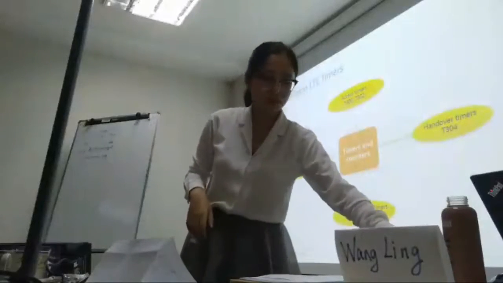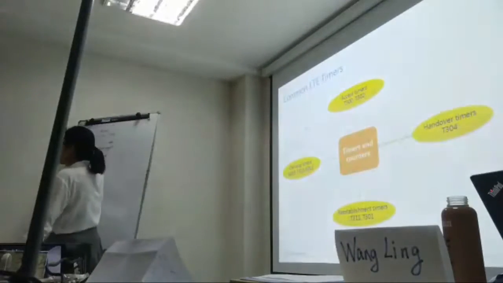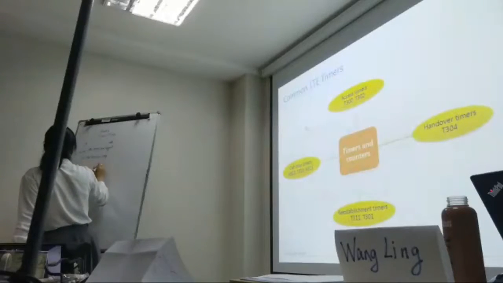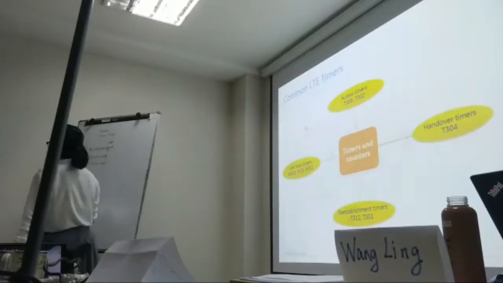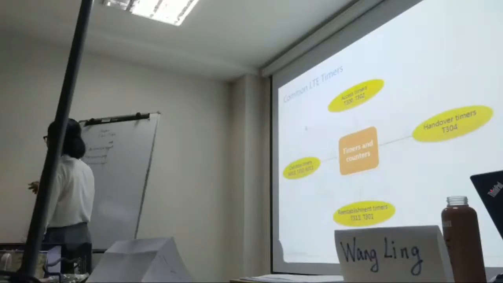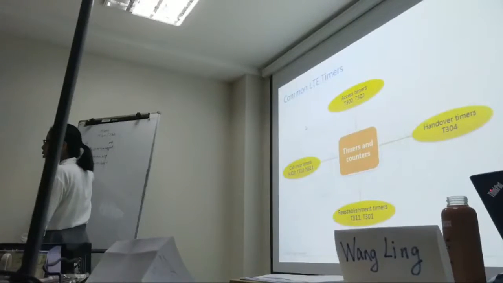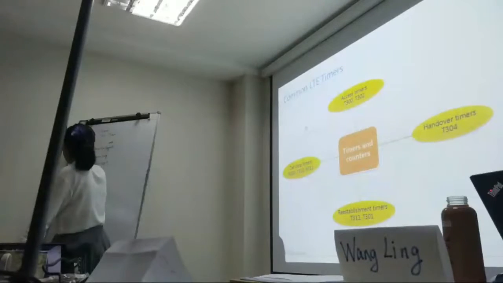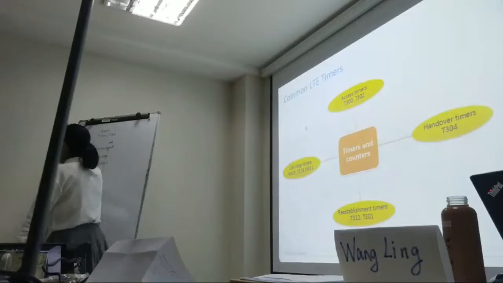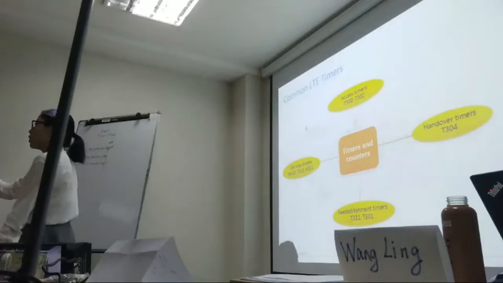But maybe the eNodeB rejects the UE. If during this timer the UE receives an RRC connection reject, it will stop T300 and start T302. Why do we start this timer? Because the eNodeB has already rejected me.